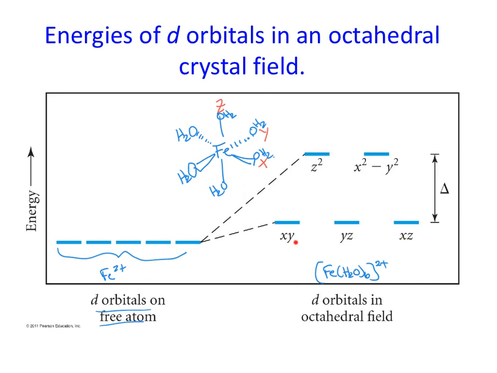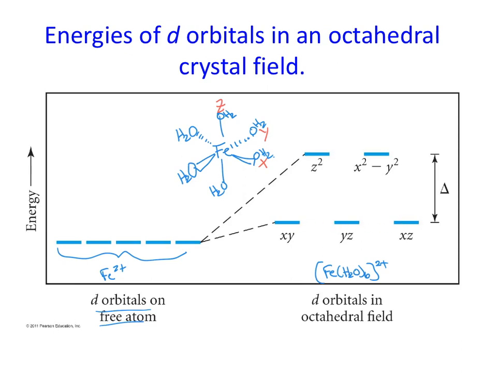So my dxy, my dyz, and my dxz, remember all of these orbitals are the exact same shape and all between the axes. So they are all degenerate in the lower level. So again, a metal by itself, remember all d orbitals are degenerate, or the same energy, but in an octahedral field, this is no longer the case. Any orbital on axis is shifted to higher energy because my ligands are all on the axis. Any orbital between the axes is shifted to lower energy.